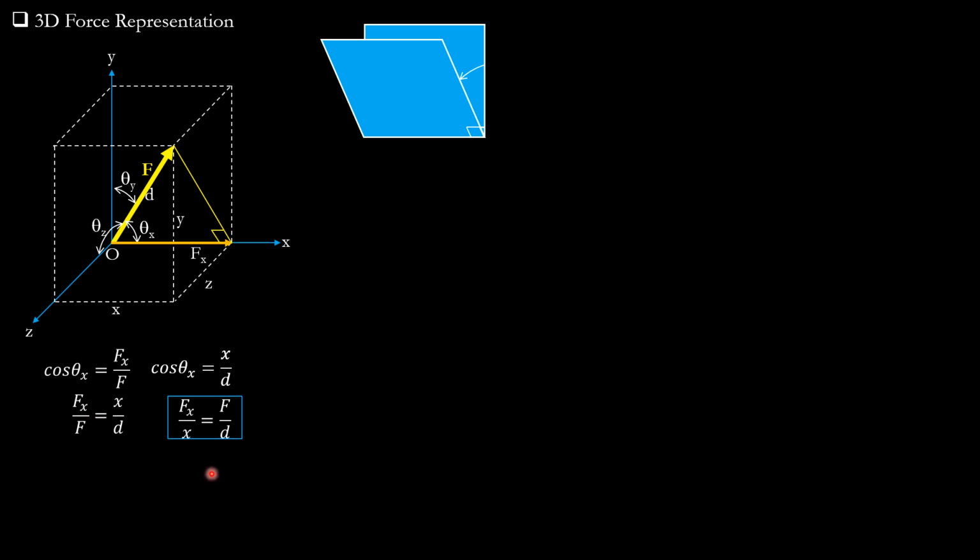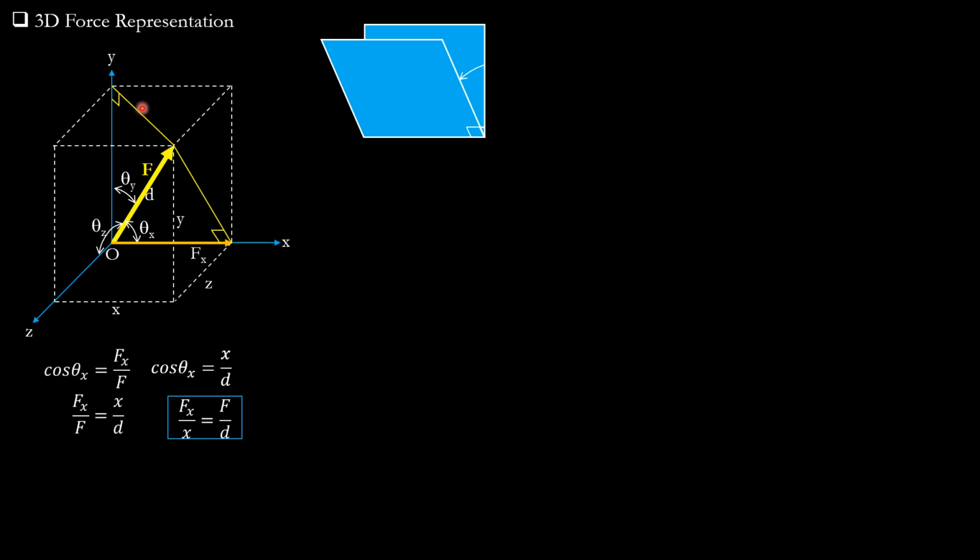Right? So we interpret this so that we can easily recall it: the x component of force divided by the x component of distance equals force over distance where the force is directed to.